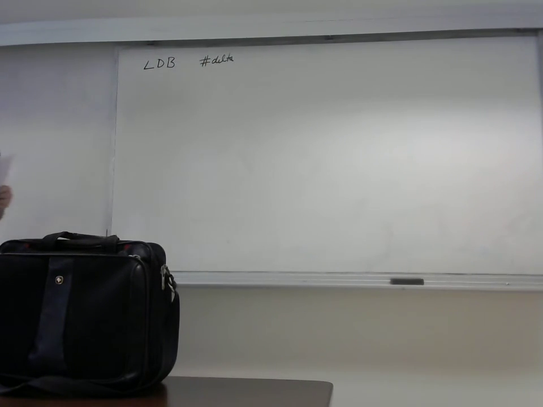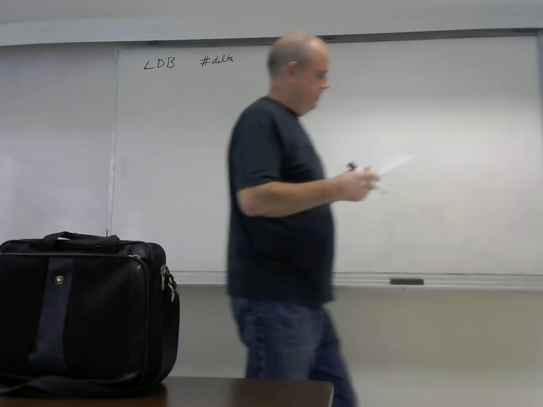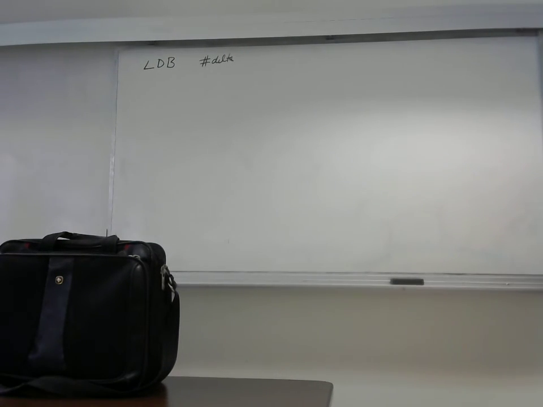Okay, so let's encode this. It's format 3. Now, do we remember what format 3 is, how it looks? Let me just write a little cheat sheet over here on the side. Format number 3. We have the opcode.